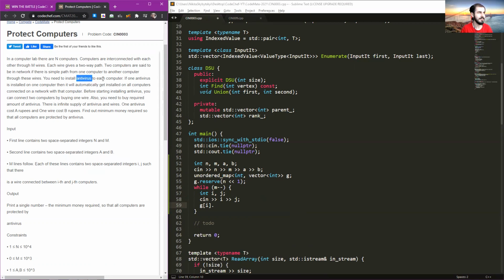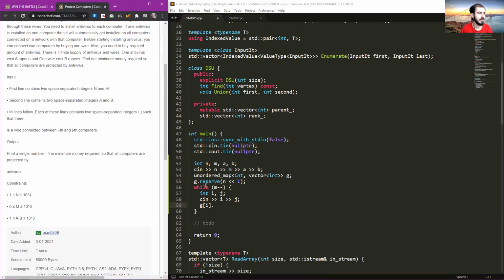Lol, this antivirus sounds like a weird virus, right? Yeah. It's one antivirus cost A and one wire cost B. Okay.